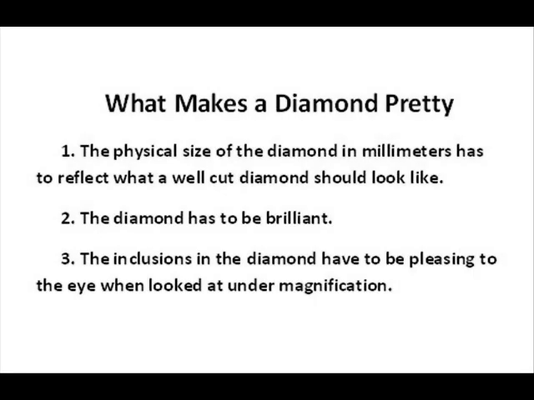I'd like to go back for a moment to my description of what I mean by a pretty diamond. Look at item 3. The inclusions in the diamond have to be pleasing to the eye when looked at under magnification. This is true regardless of the grade, whether it's a VS1, VS2, or SI1 or SI2. The nature of the inclusions in the diamond have to be pleasing.